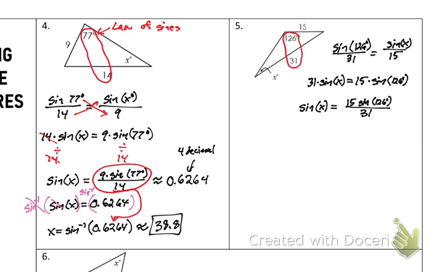Now, here's the benefit of someone that just wants to plug stuff in the calculator. You know everything you need to plug in the calculator right now. We could just type in sine inverse of 15 times sine of 126 divided by 31, or we can round it to 4 decimal places. For our calculator enthusiasts, I'm going to move the sine over here by taking the sine inverse of both sides.